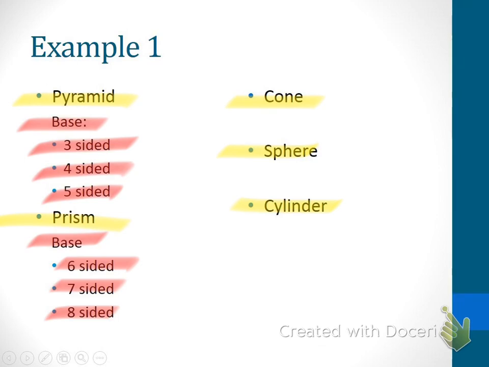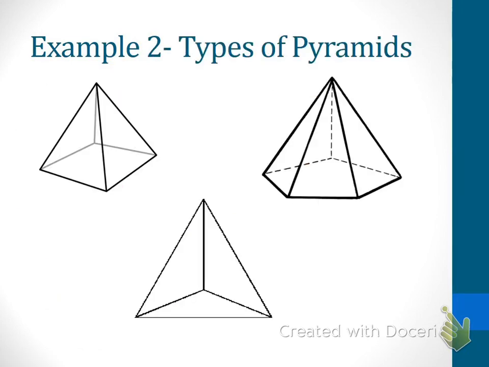Let's go through and classify some of these. Let's look at the top left one. I see 1, 2, 3, 4 sides in my base. So what type of pyramid is this? You can say rectangular pyramid or a square pyramid.